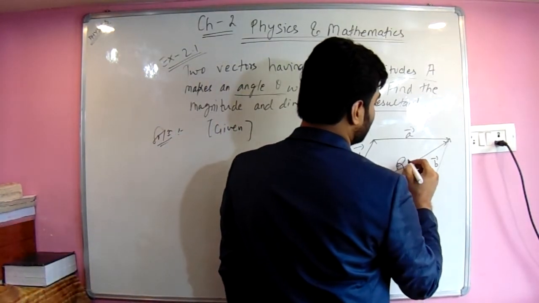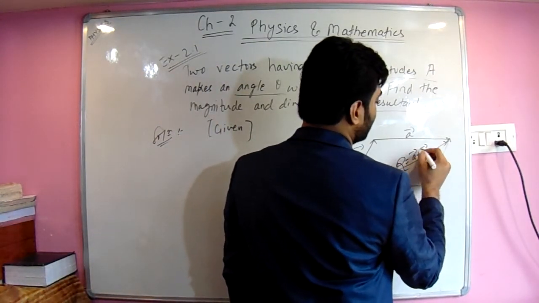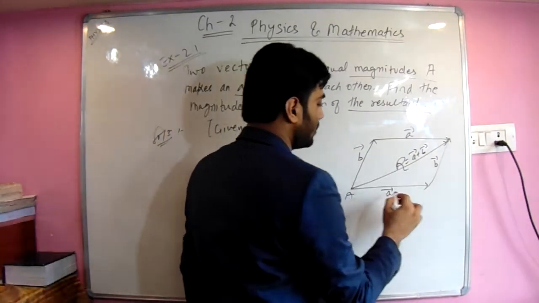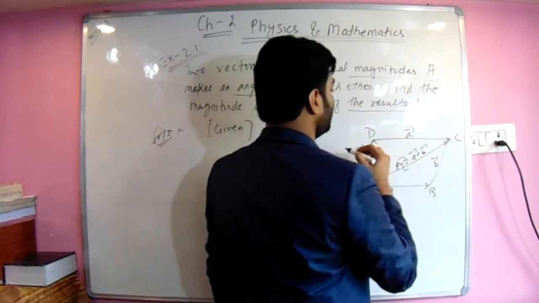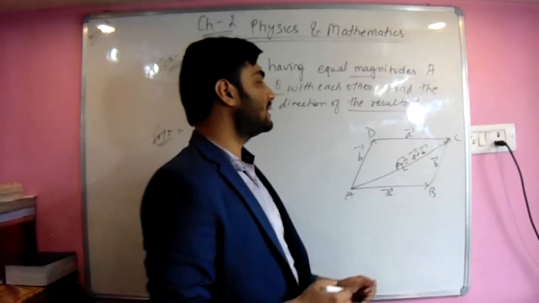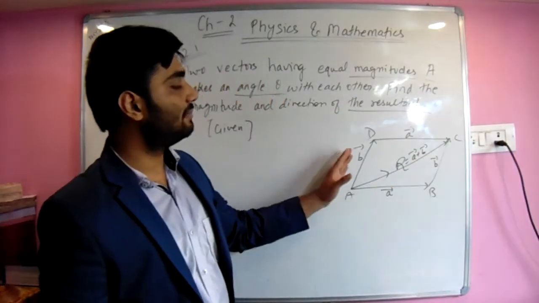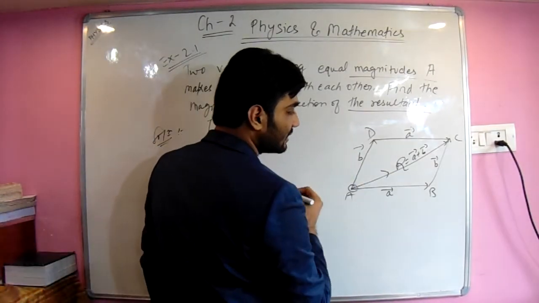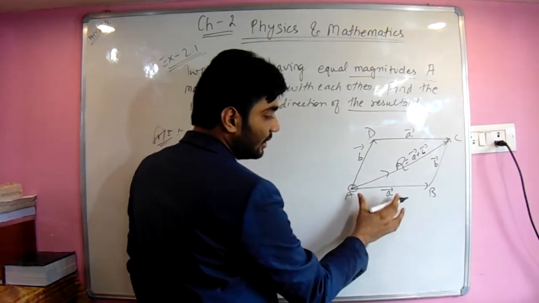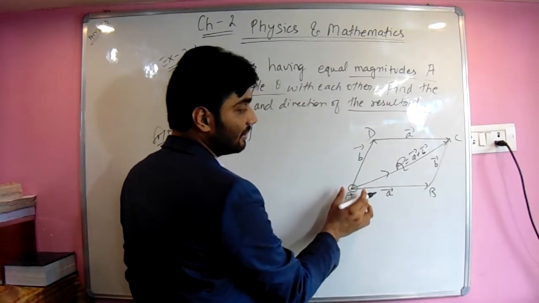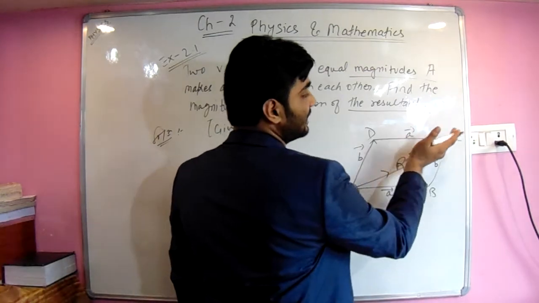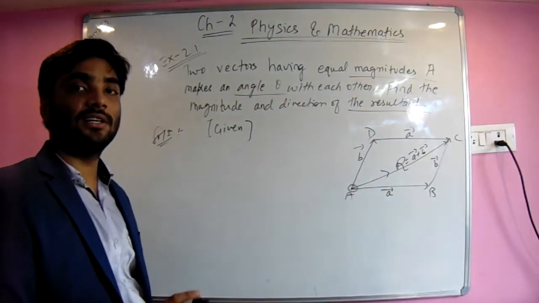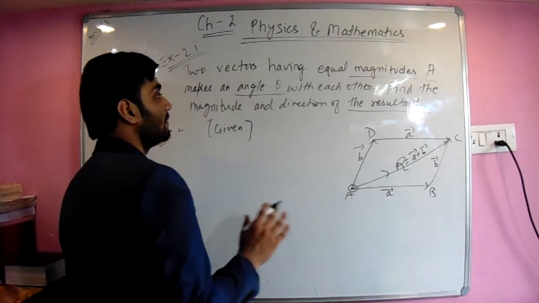So the resultant R represents A vector plus B vector like this. We call this parallelogram ABCD, and the diagonal R is the resultant of A vector and B vector. The tails of A and B joined to the heads gives the resultant of the parallelogram of two vectors.